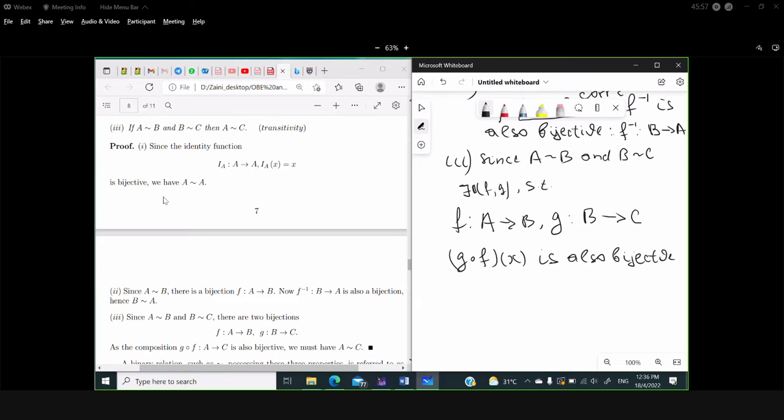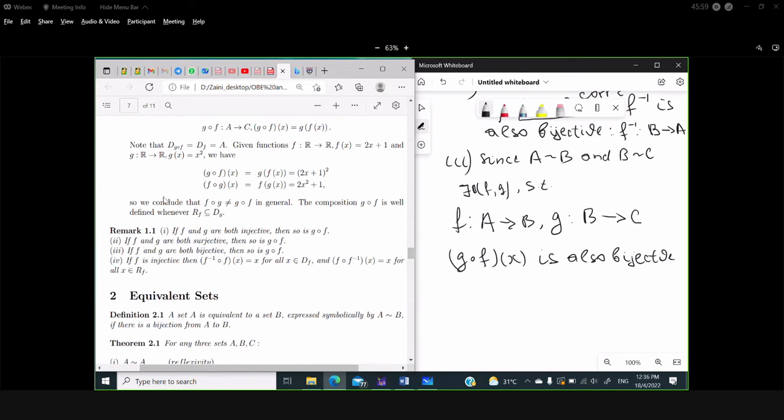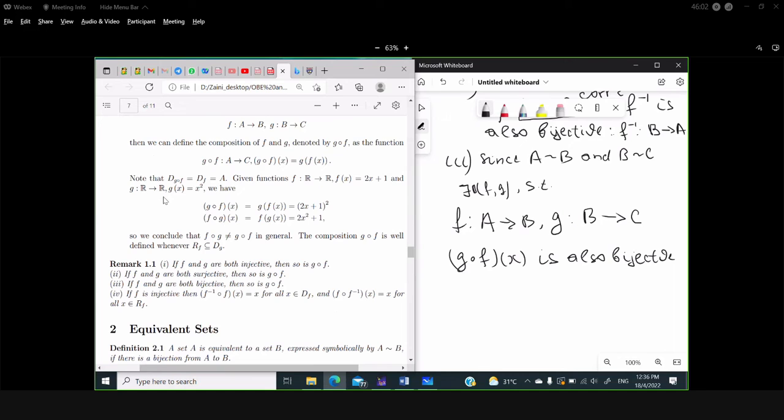This comes from Remark 1, number 3: if f and g are both bijective, then the composite of f and g is also bijective. So this one comes from Remark 1.13.